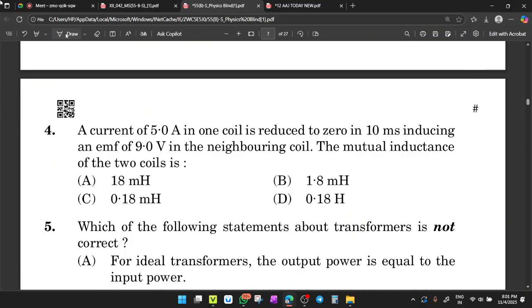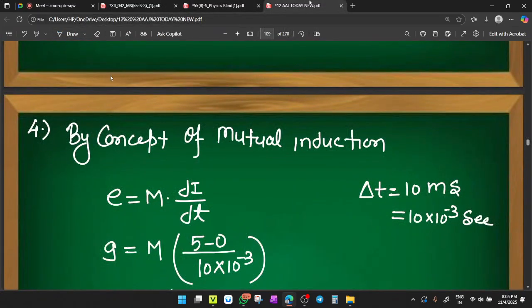Question number 4 is related to the chapter electromagnetic induction. A current of 5.0 ampere in one coil is reduced to 0 in 10 millisecond, inducing an EMF of 9.0 volt in the neighboring coil. Then find the mutual inductance of the two coils. Let us see the concepts, students, related to this question.